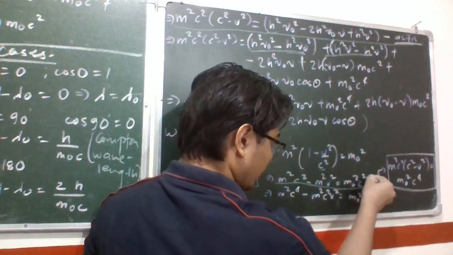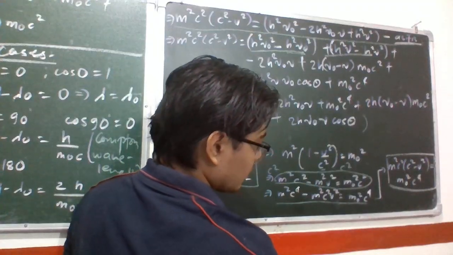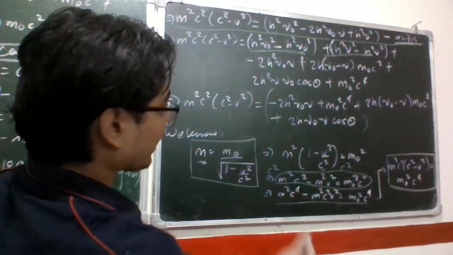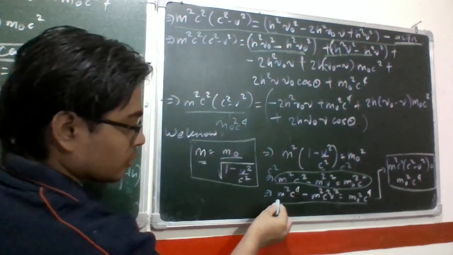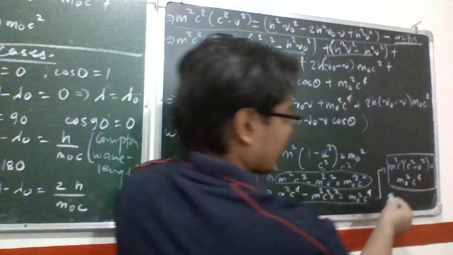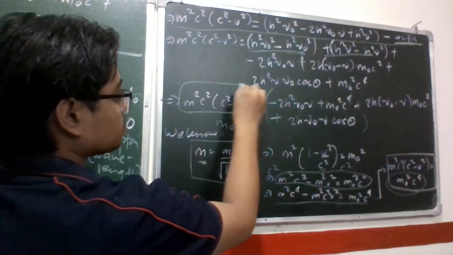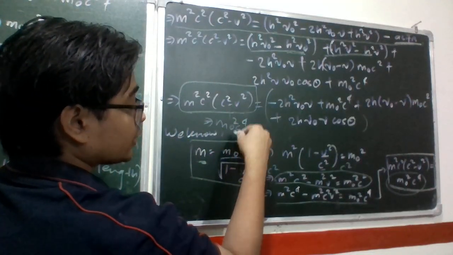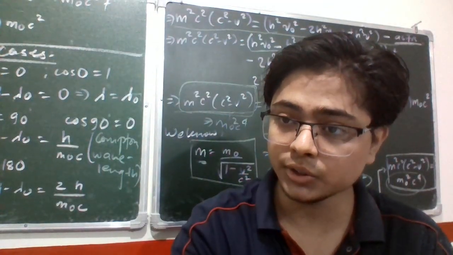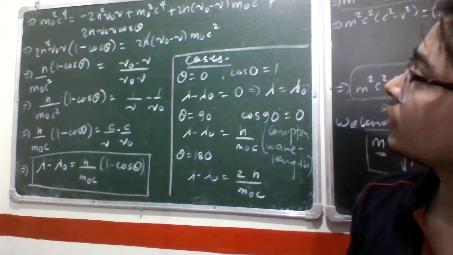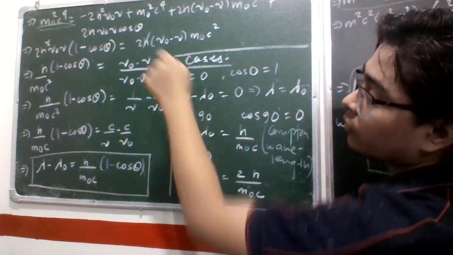After getting this expression, I squared both sides with c squared and I got this. Then I tried to write this expression in terms of the rest mass equation, and when I wrote that, I got this expression equal to this. So I can write m naught squared c to the power 4 in place of this. Then our equation will lead us to this equation. When I did that, you can notice that I have changed that value.